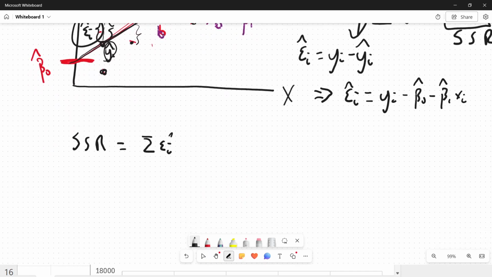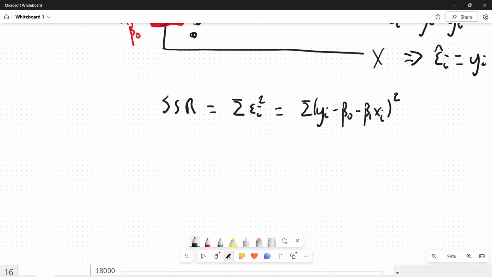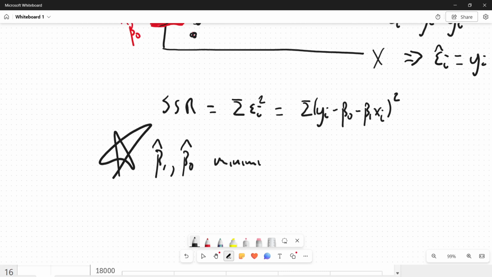The sum of squared residuals will be the sum of all the epsilons squared, which is the sum of all the yi minus beta 0 minus beta 1 xi. Throw some parentheses around that and square that. And then I will say my rule is this: beta 1 hat and beta 0 hat minimize the SSR.